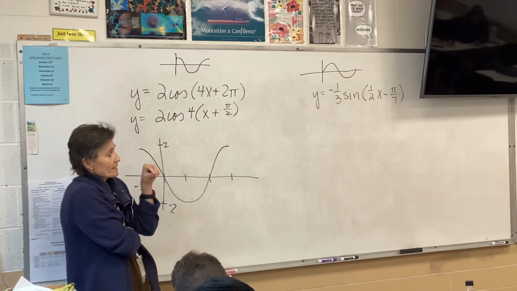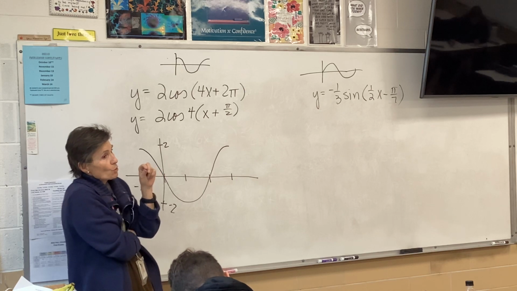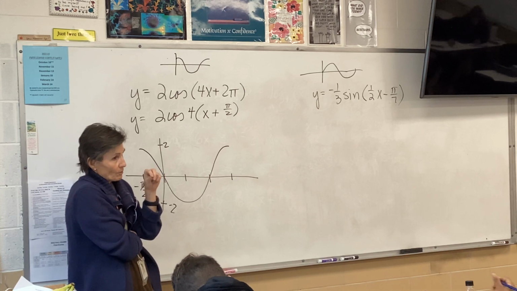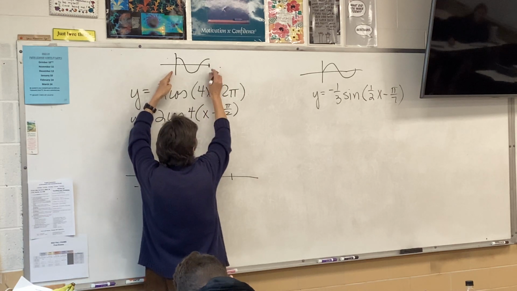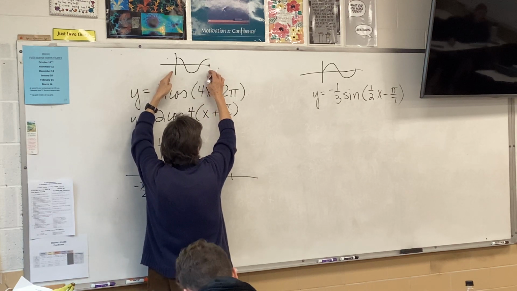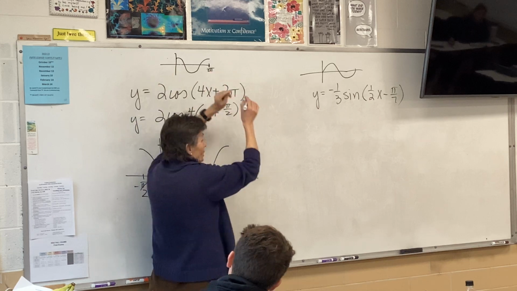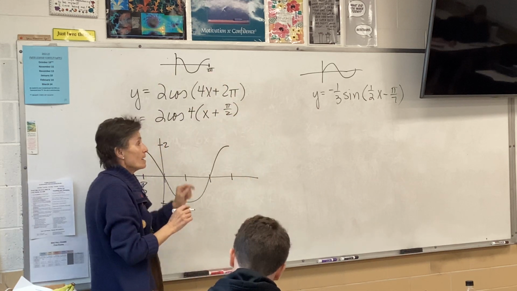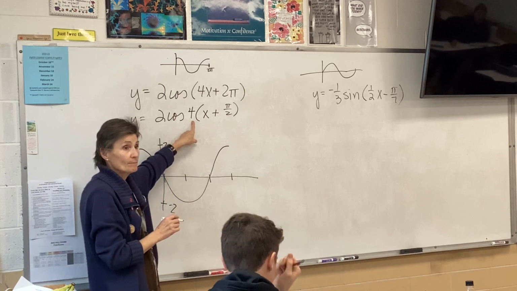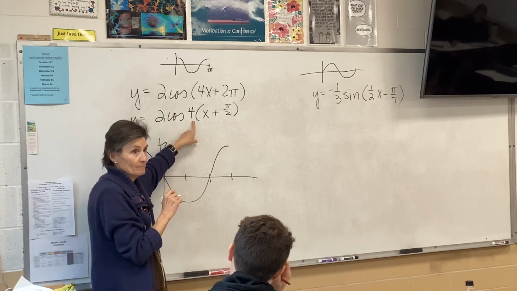Now, what is the normal period, the normal length of a cosine curve? Where does it normally end? 2 pi. 1 revolution around the circle, right? This guy right here divides that.